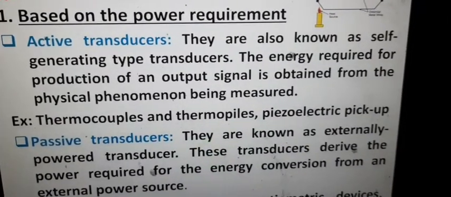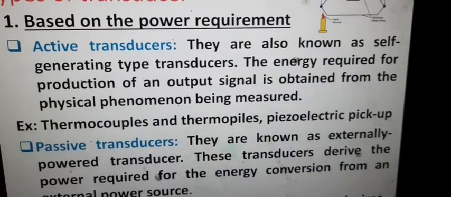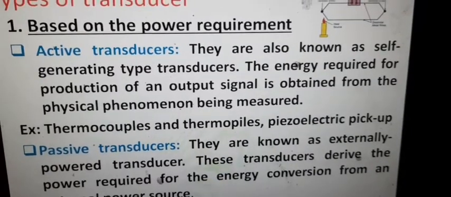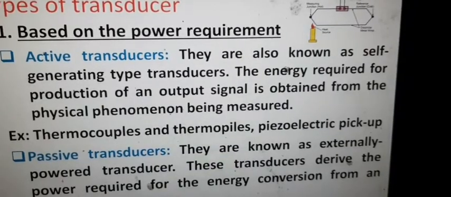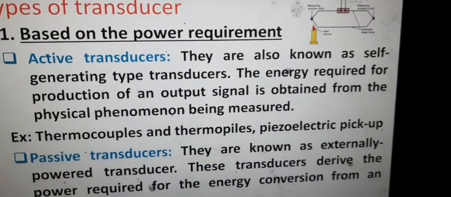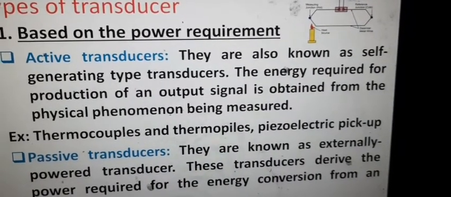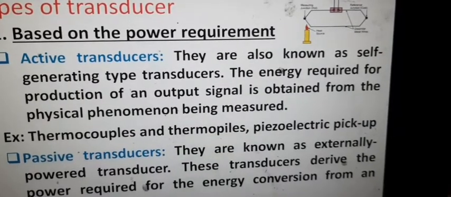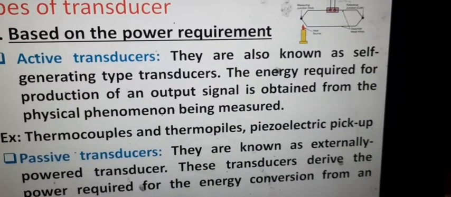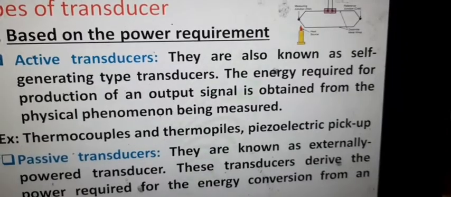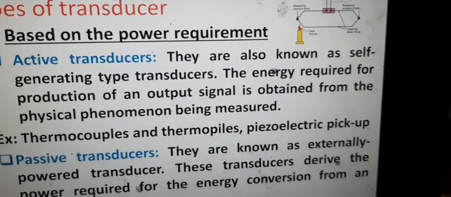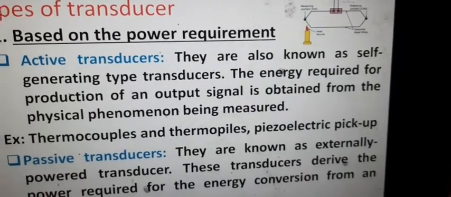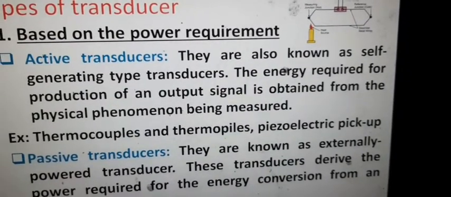An active transducer, to convert one form of energy into another, collects whatever energy it requires from the physical phenomenon it is going to measure. So it doesn't require any external power source. For that reason we call it a self generating type transducer.